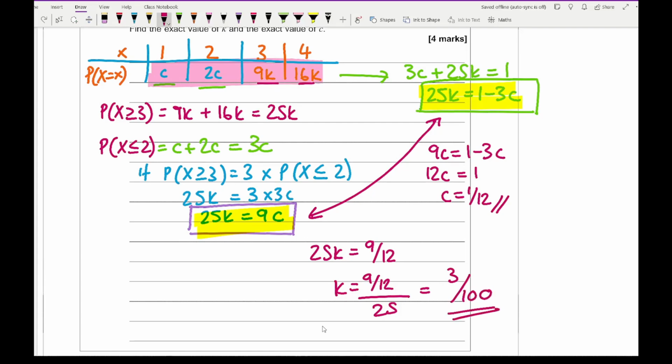So my value of k is 3/100, or 0.03, and c equals 1/12, which as a decimal is 0.083 recurring, but personally I would leave it as a fraction.